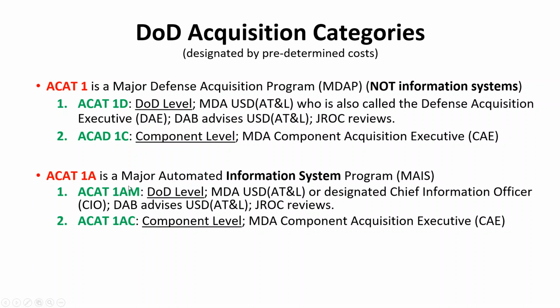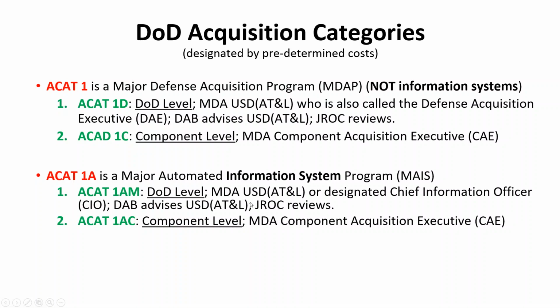If it's an automated information system, that's treated in a different category, ACAT 1 Alpha. The A behind it tells you it's automation. ACAT 1AM are the DoD level information systems.